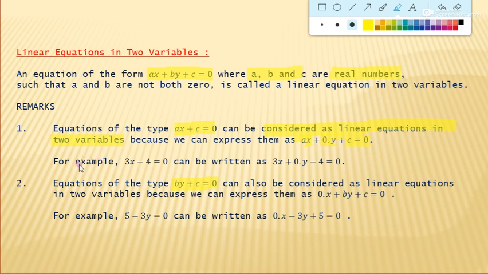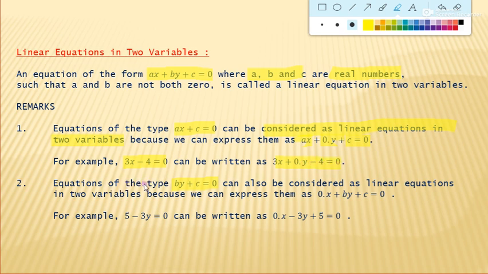We can also understand with this example. Suppose the equation is 3x minus 4 is equal to 0. Definitely you can consider it a linear equation in one variable, but in terms of two variables it can also be considered like this: 3x plus 0y minus 4 is equal to 0.